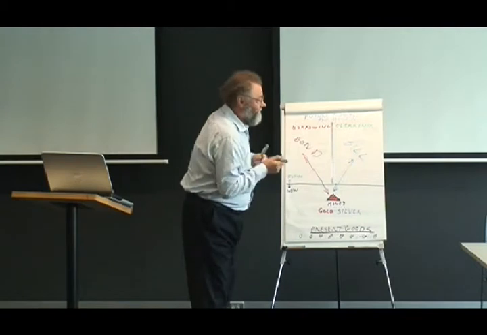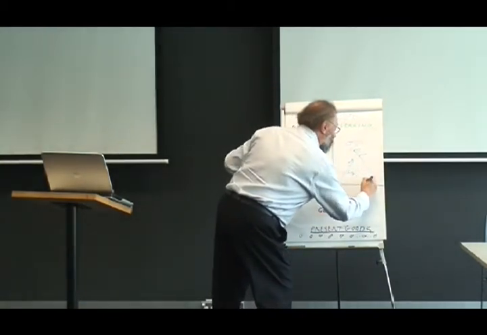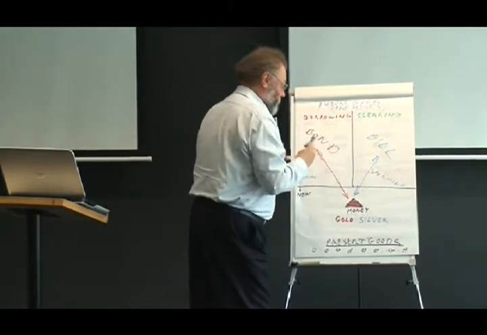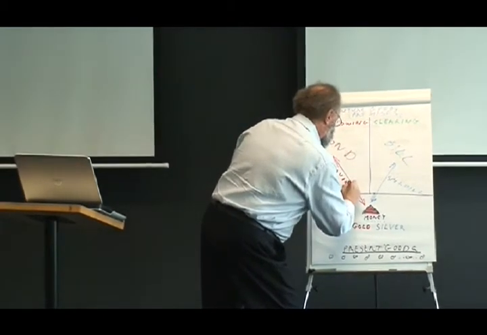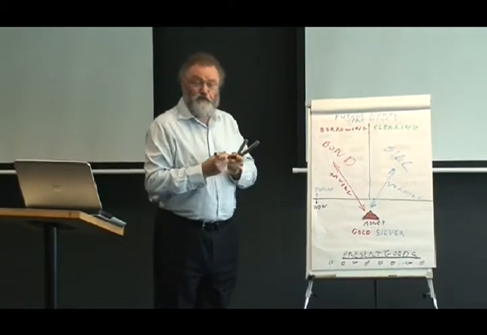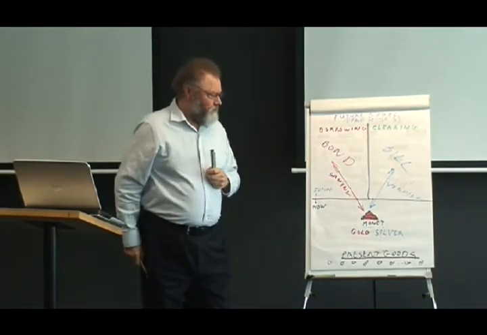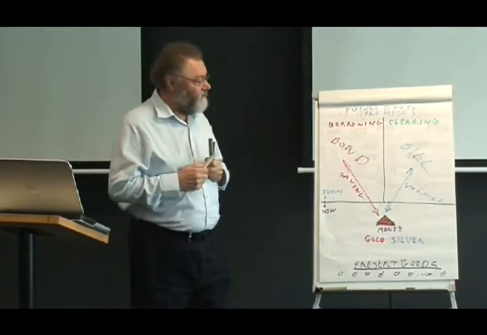Let me just write this on here. This is spending. And this one is saving. Right? Spending, buying stuff. Saving is not buying stuff. Those are completely different things, aren't they?